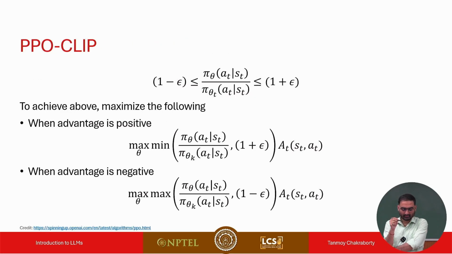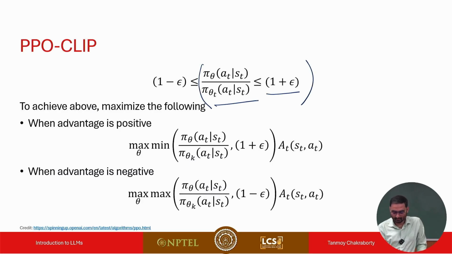What does it mean? It means that if the advantage function is positive, then I will take the min of this and this. So I clip: I don't allow this importance weight to be greater than this one.